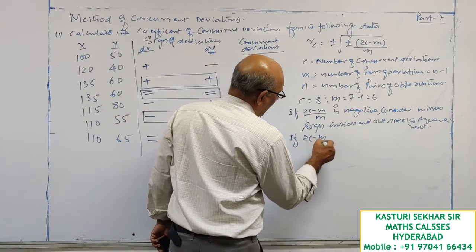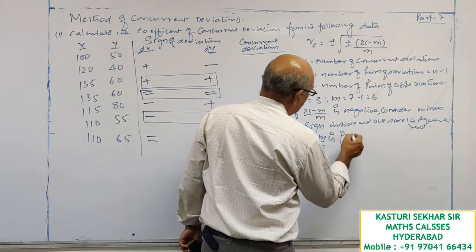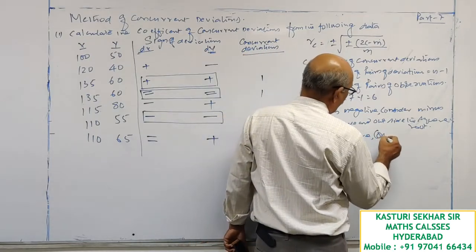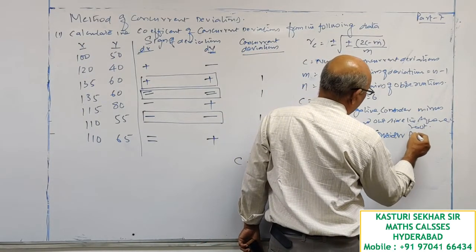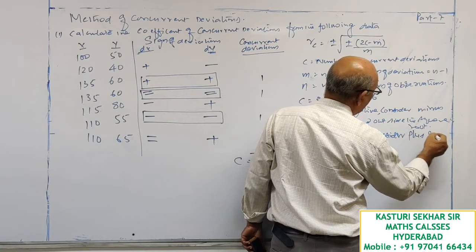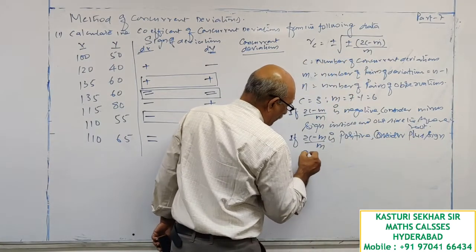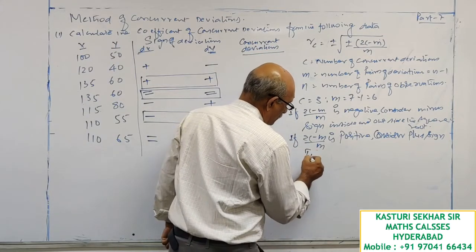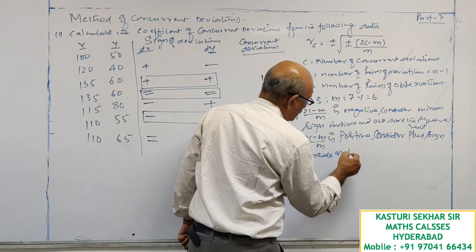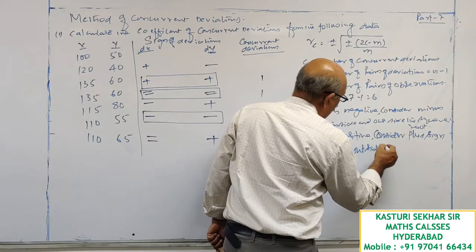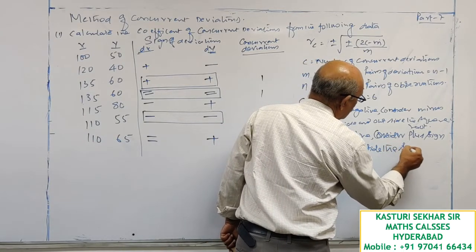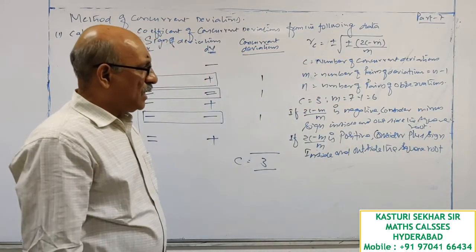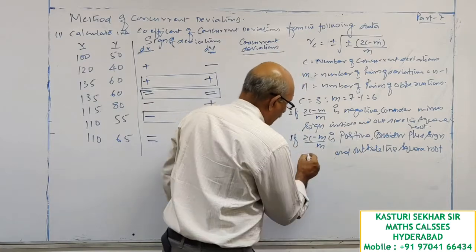If (2C minus M) by M is positive, consider a plus sign inside and outside the root.